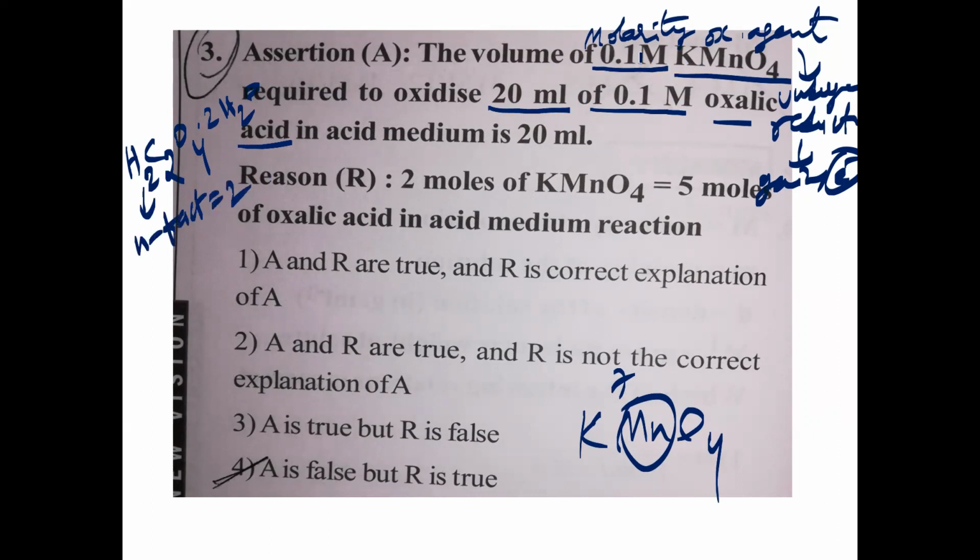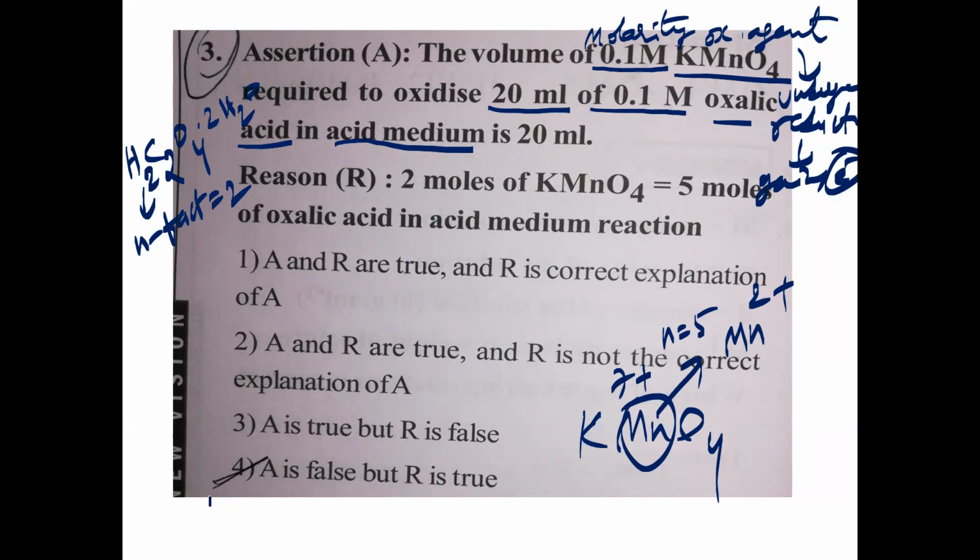And for KMnO4, which medium is it taken? Acidic medium. In acidic medium, manganese +7 will go to manganese +2 always. So what is the change in oxidation state? 5. Therefore, n factor should be taken as 5 in acidic medium for the KMnO4 molecule. Is that clear?